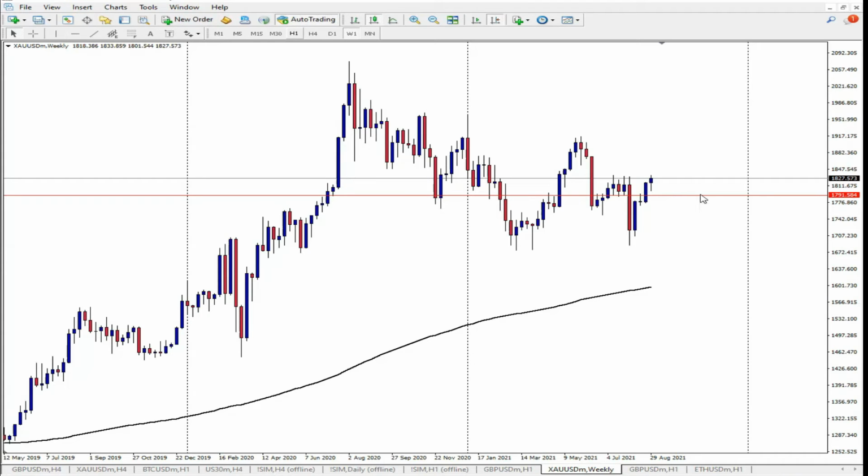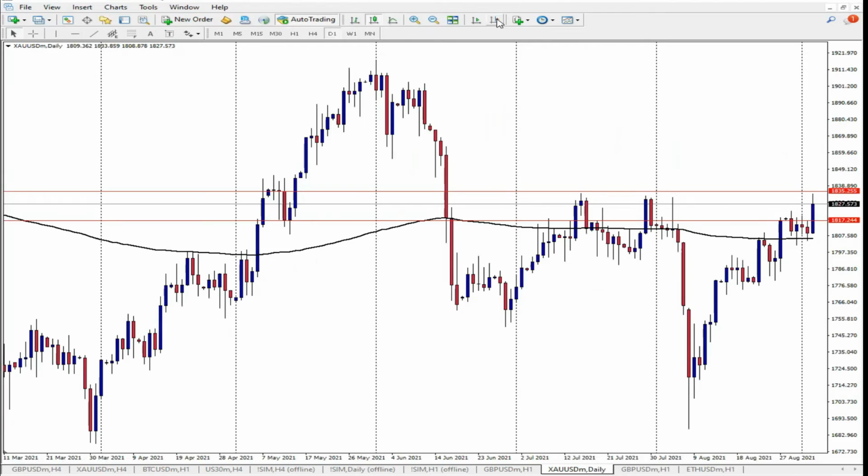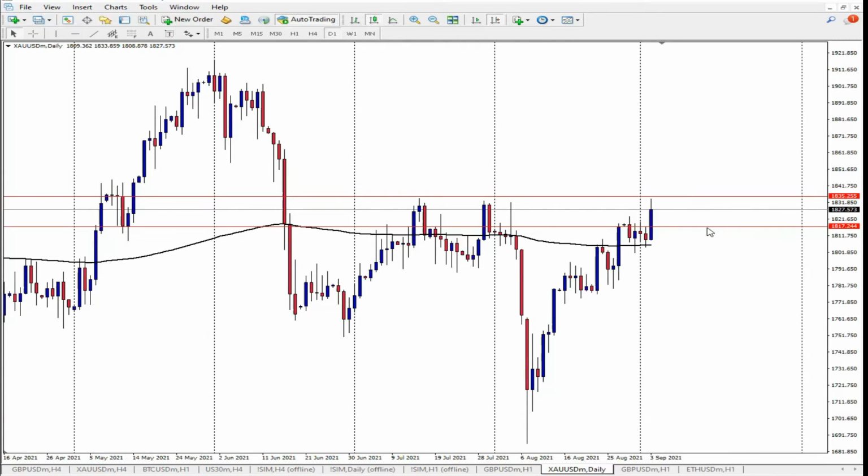So let's look at our point. So this is acting as a resistance, and this is actually the zone we're expecting price to push into last week, which it did. So let's step down to daily to have a clearer look of what we are expecting.